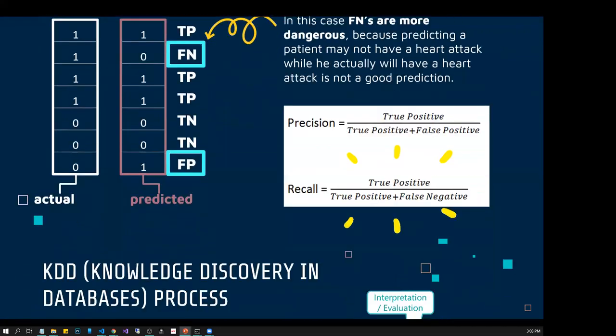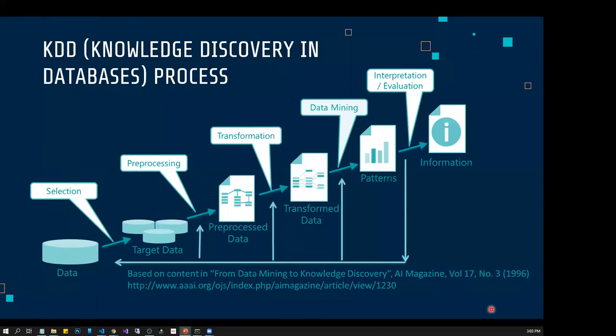Okay, moving on. So another term you will come across is this KDD, knowledge discovery in databases. So you can see this is actually very similar to the very first diagram that I showed that converts data into actions. So here also you can see we have the data and then we go to target data, then we go to pre-processed data, then you go to transform data, patterns and information.